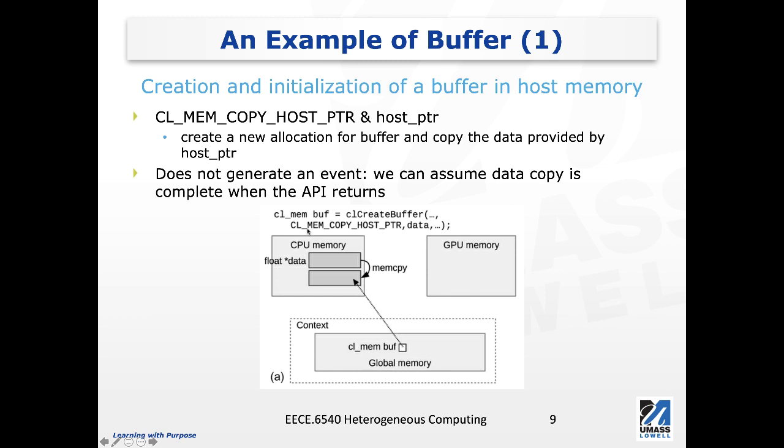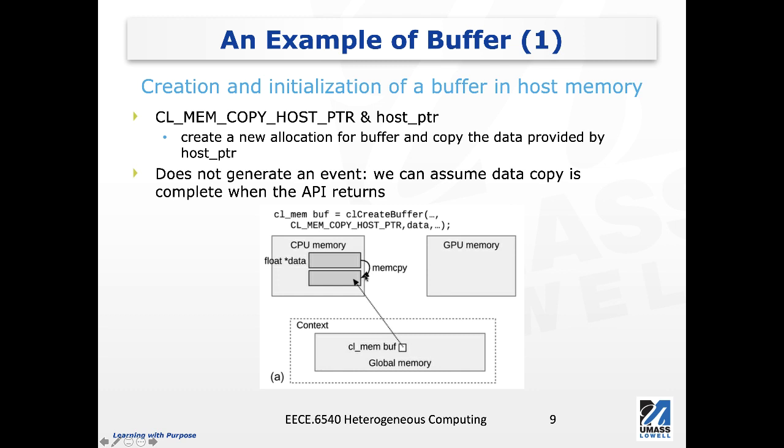Because we have this CL_MEM_COPY_HOST_PTR flag, the OpenCL runtime allocates a space that in fact resides in the CPU memory, the host memory. And because we supply the pointer data, this API call then copies the data from the space pointed to by data to the memory buffer just created.